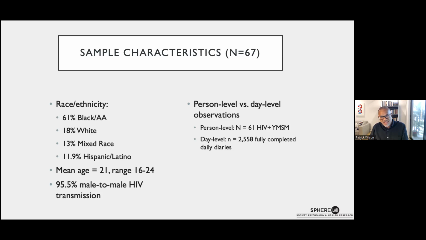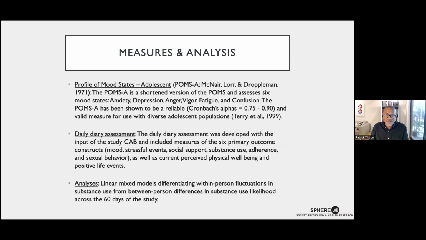Ultimately, we had 61 participants complete the full study, but they provided 2,558 days of data, which allows us a great deal of opportunity to look at within person effects. Now, between person, much more difficult. So making comparisons across racial, ethnic groups or age groups, not something that we could do easily in this data set, but certainly looking at what is happening within participants, we can look at pretty effectively here.